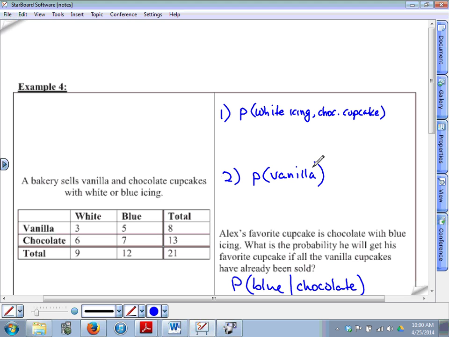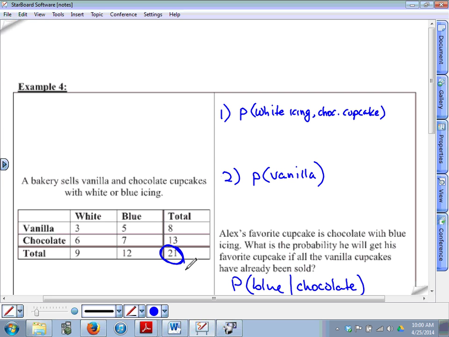But let's just quickly do these so we can remember how to figure out a probability in a table. You have to know the size of the sample space. On this table, there were 21 total cupcakes. You find that right here.